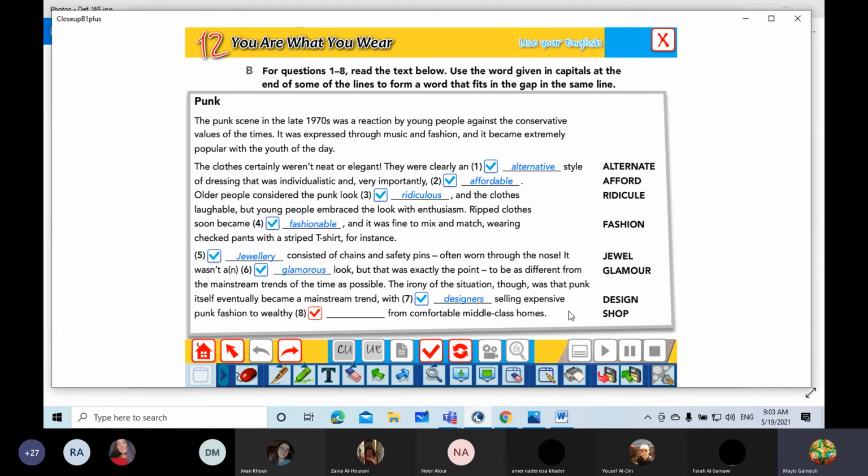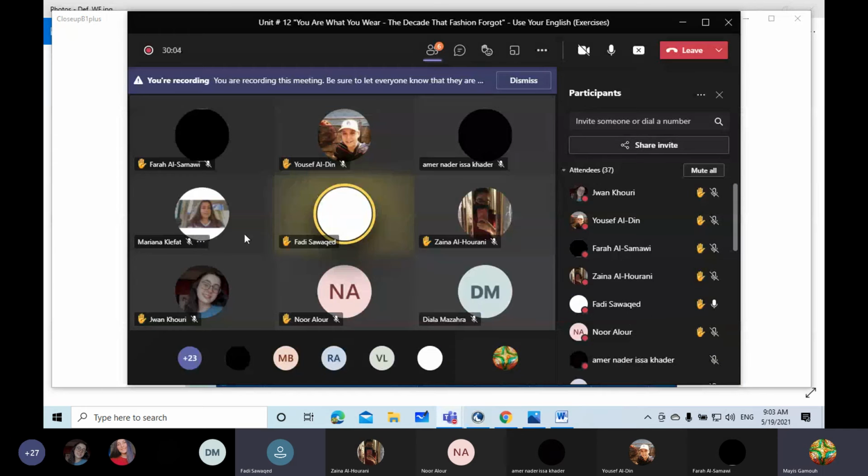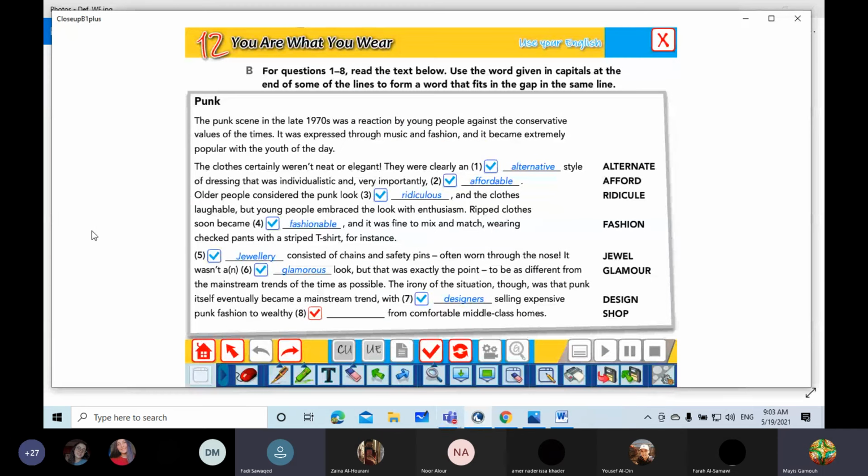Also here I want a noun, the people who do this thing. Yes, Fadi, go ahead. To wealthy shops from comfortable middle class homes.